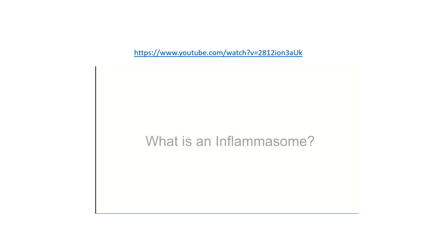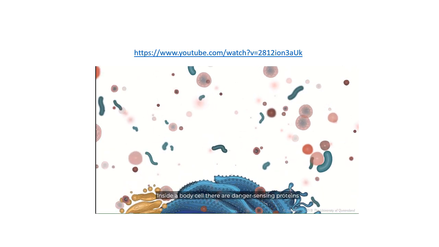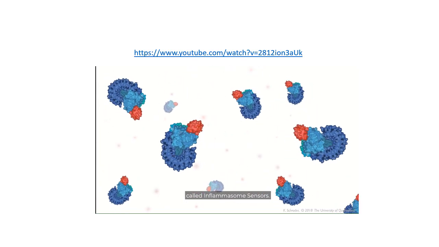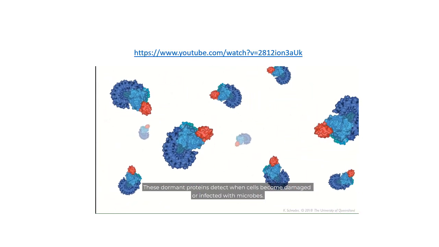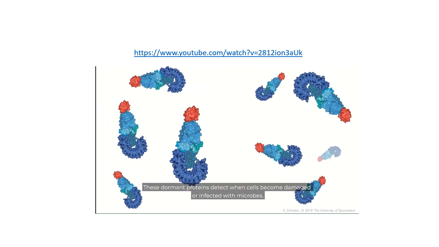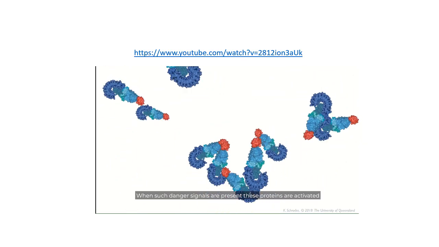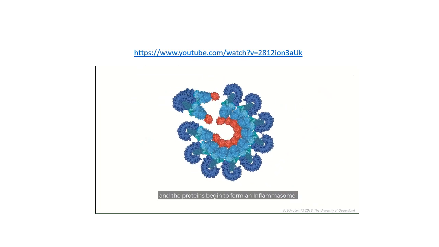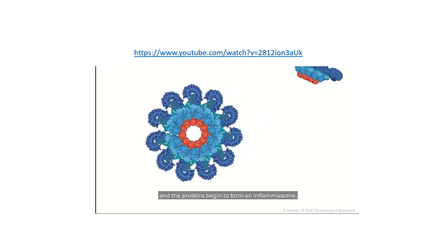Inside a body cell, there are danger-sensing proteins called inflammasome sensors. These dormant proteins detect when cells become damaged or infected with microbes. When signals are present, these proteins are activated, and the proteins begin to form an inflammasome.